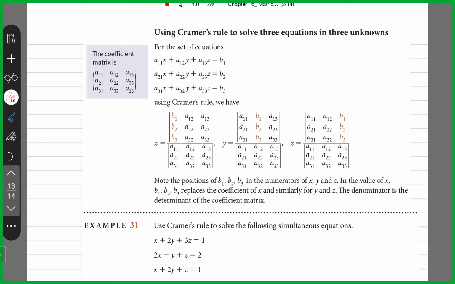A12, A22, A32 are your y coefficients, and A13, A23, A33 are your z coefficients.